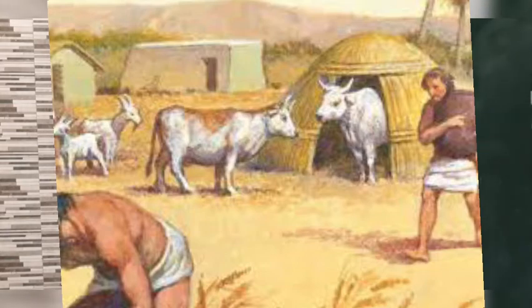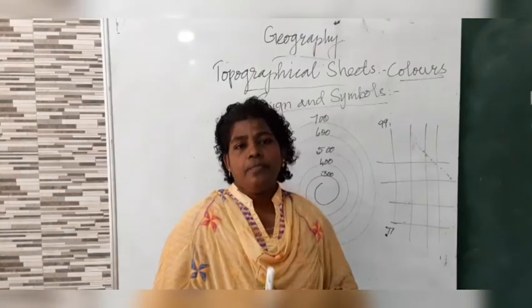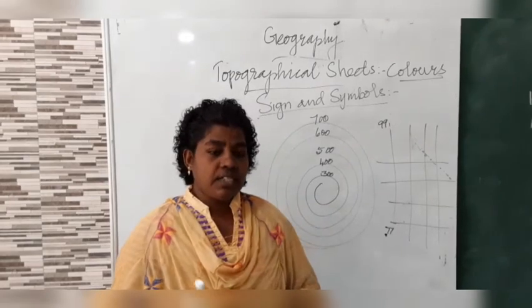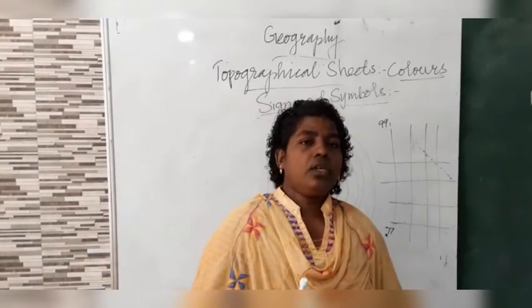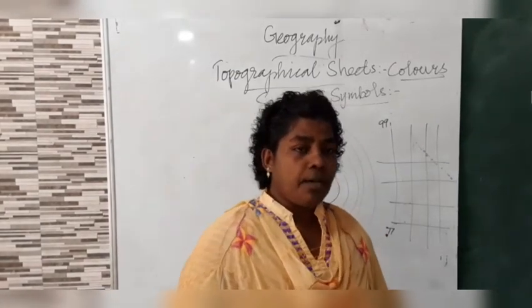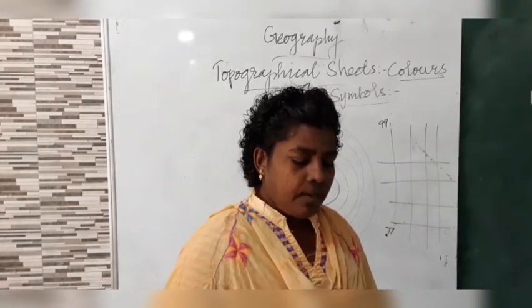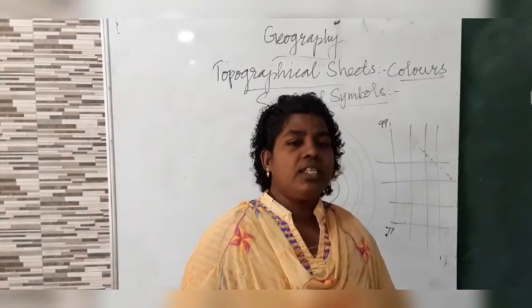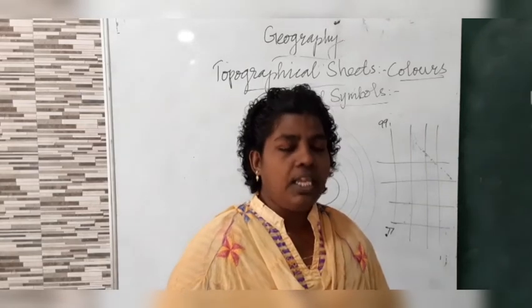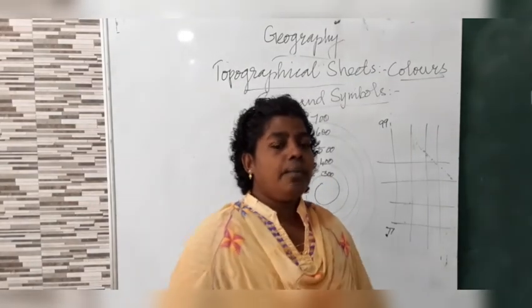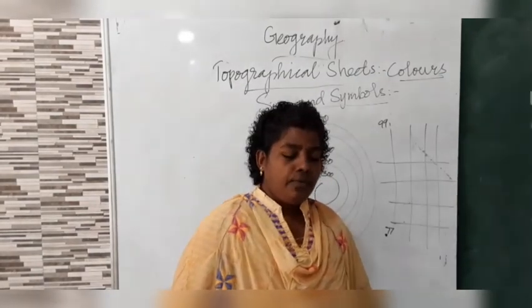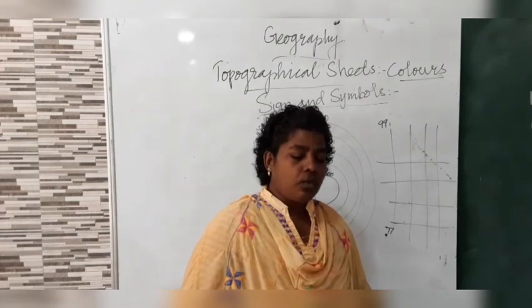The different occupations are there like agriculture, mining, manufacturing, trading, fishing. Under the subheading occupation, from point number 1 to point number 5, you can mark for E1 question.